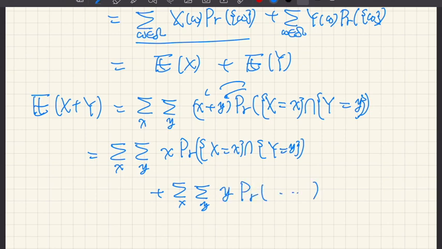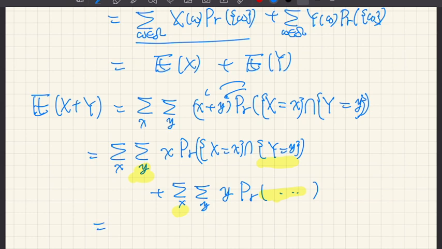Same probability. But if you look at this, y appears only in this part, and x appears only in this part.